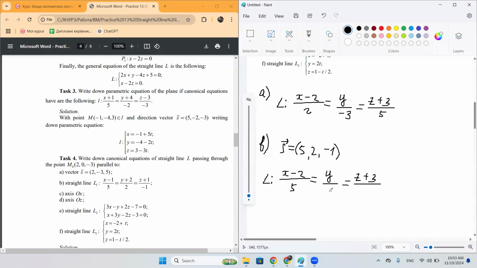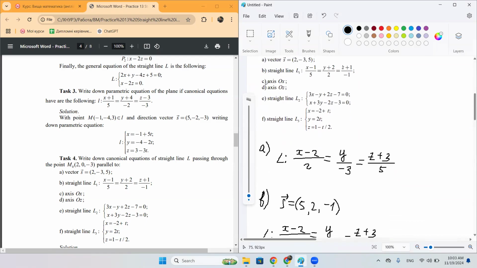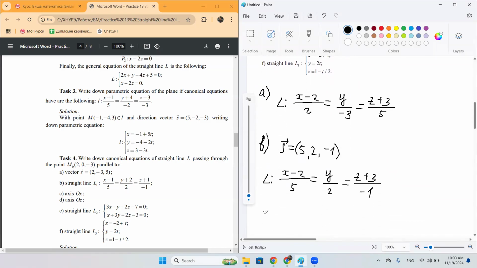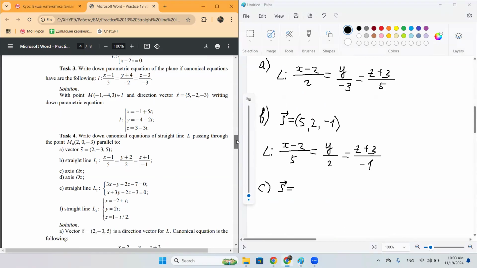Five, 2, minus 1. So part C, it is parallel to axis OX. So what does it mean? So what is the direction vector? Basically, for all parts, we need to find the direction vector.